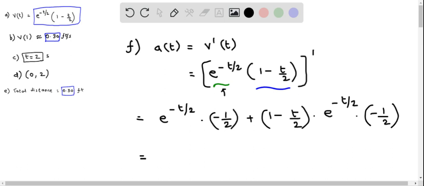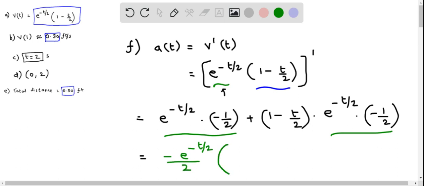And so this equals, observe that we have this factor in both terms. That is negative e power negative t by 2 divided by 2. This can be written as negative of e raised to the power of negative t by 2 divided by 2.